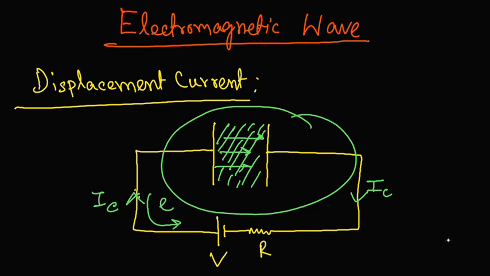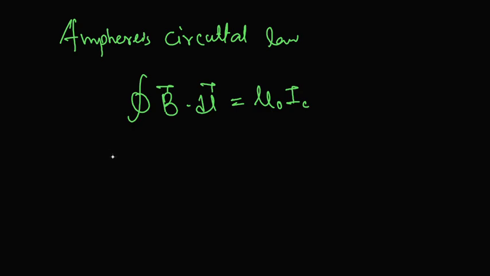So Ampere's circuital law becomes modified by Maxwell, and it is now named Ampere-Maxwell circuital law.